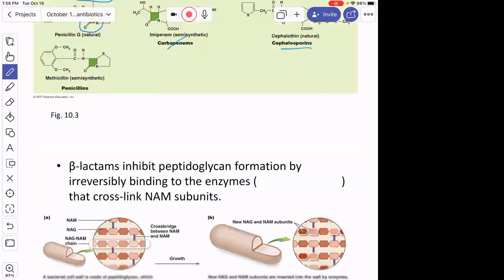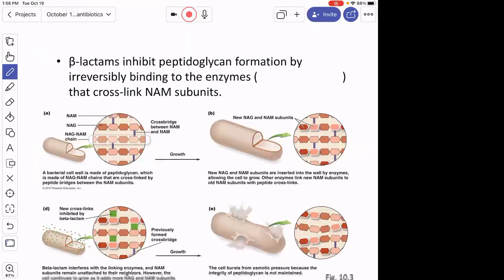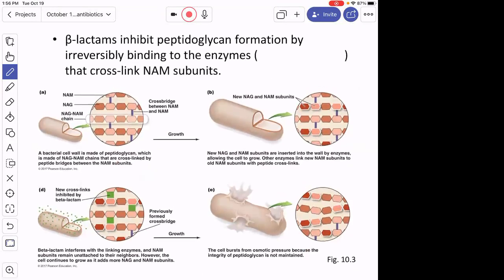Okay, so how do beta lactams work? We talked about this a little bit in the past when we talked about the growth of bacterial cell walls. Beta lactams actually inhibit peptidoglycan formation by binding to particular enzymes that are necessary for the growth of that peptidoglycan structure.